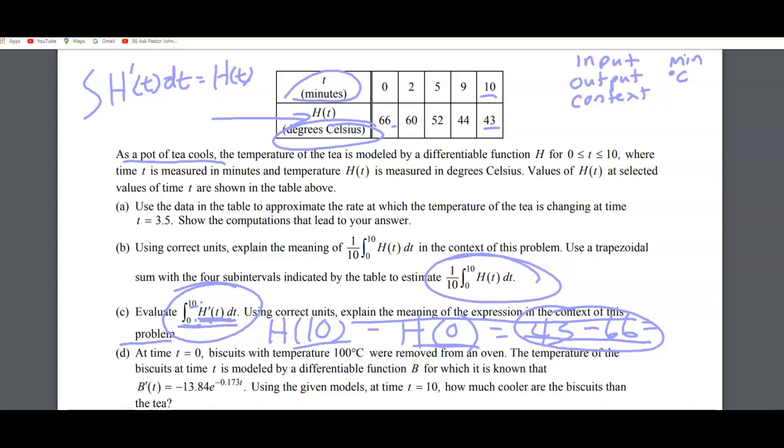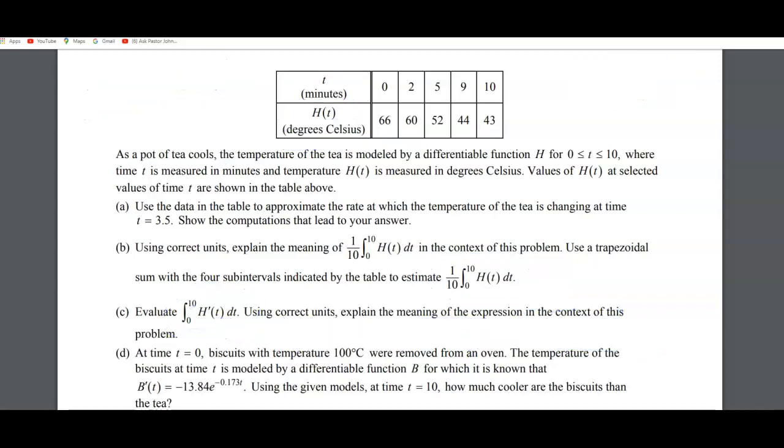So let's go ahead and interpret that. What this answer means, I think I'll go ahead and do the 43 minus 66, just to help my answer make more sense. Negative 23. Okay.